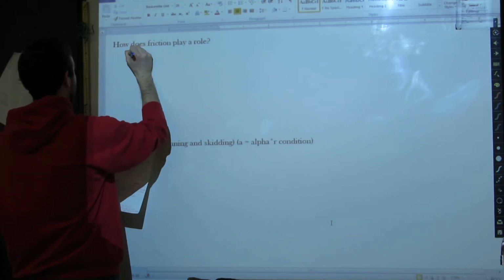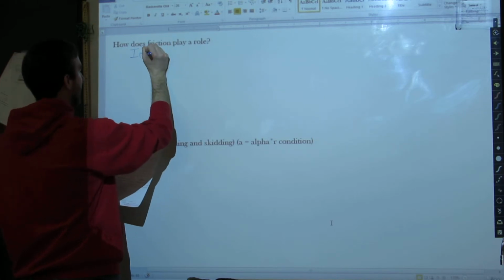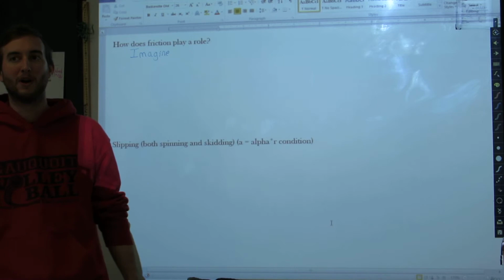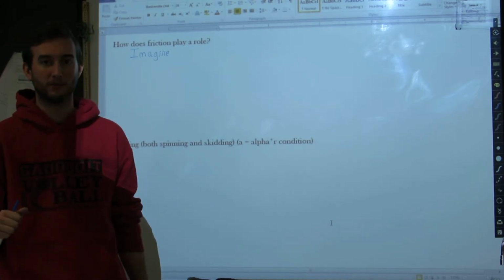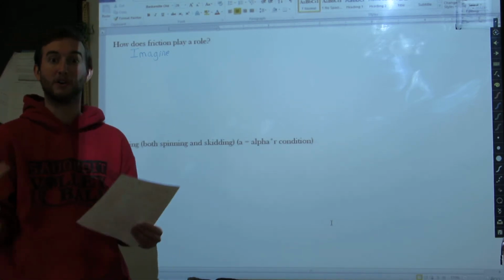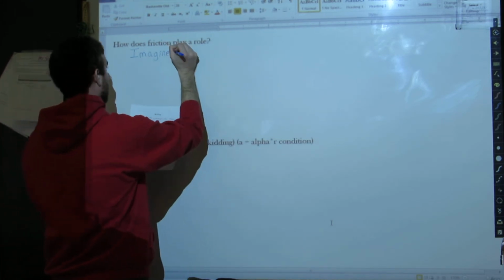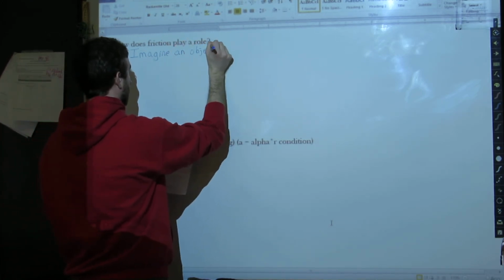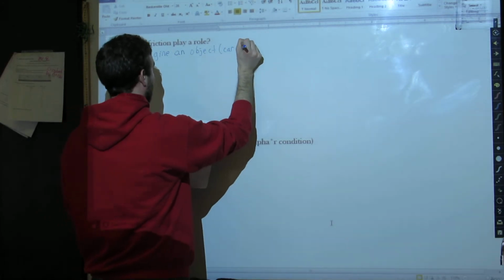The example I'm going to give here is how friction plays a role in allowing a car to have its wheels start to turn and roll on the ground. So what we're going to do is imagine an object, and we can even write in car tire.